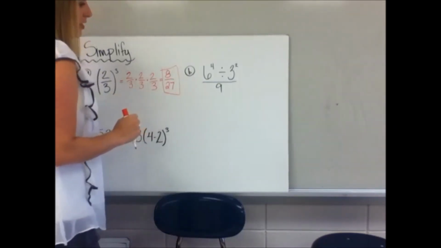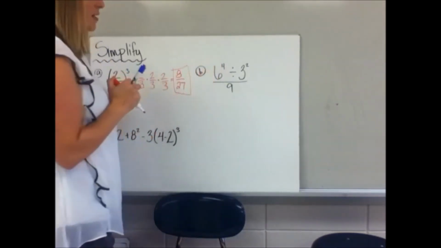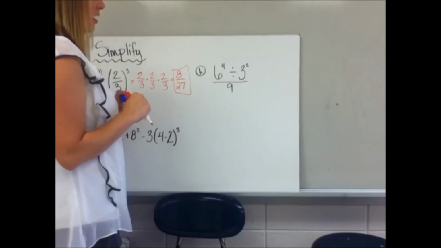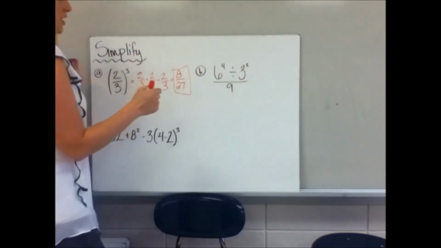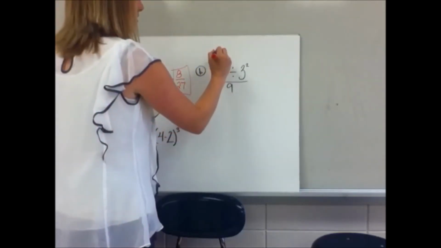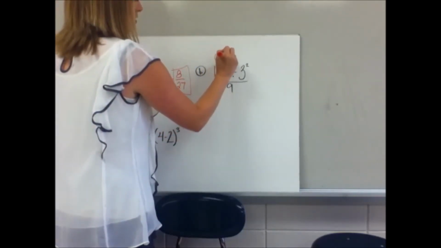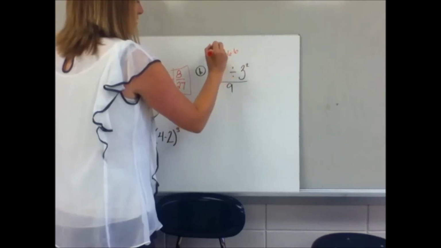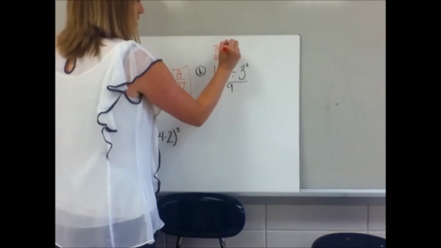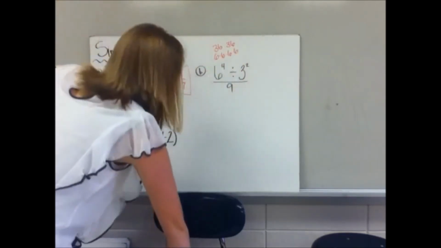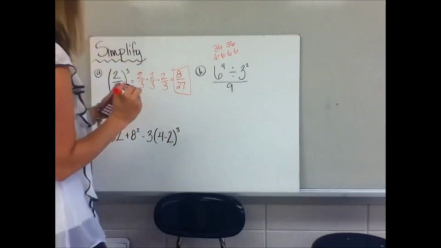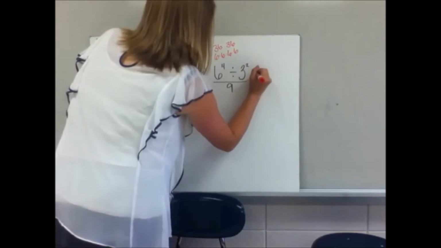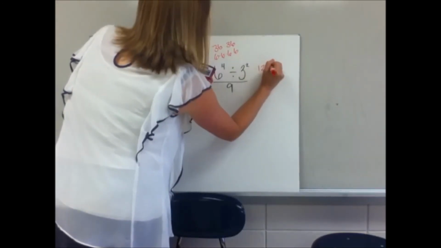On part B here, I have 6 to the 4th divided by 3 squared, all of that over 9. I'm going to start with the top of my division here. 6 to the 4th, well, I know that that is like 6 times 6 times 6 times 6. So that would be 36 times 36, and I use my handy dandy calculator for that, which is 1,296.